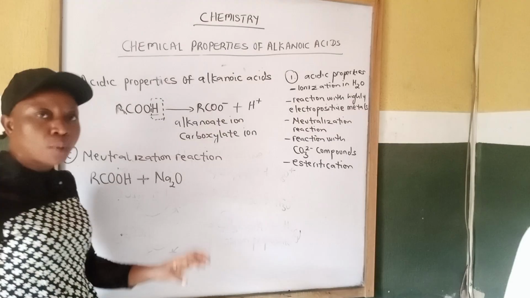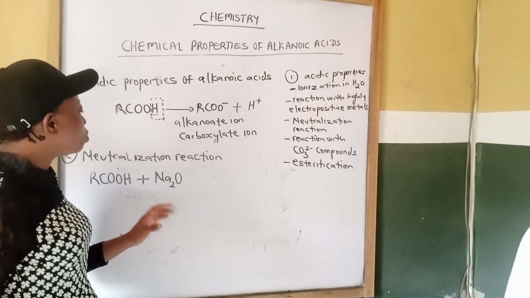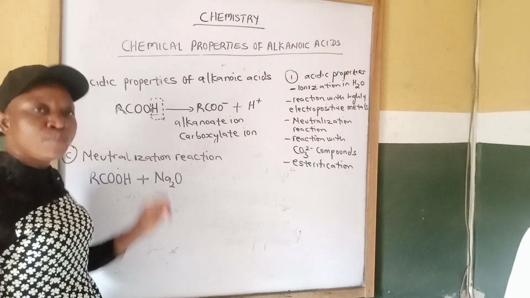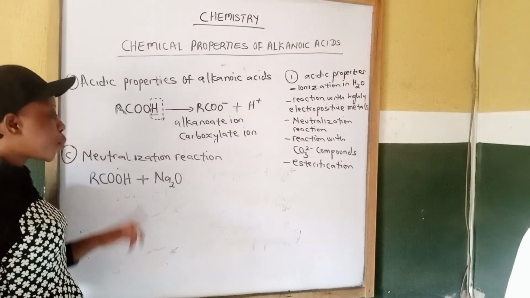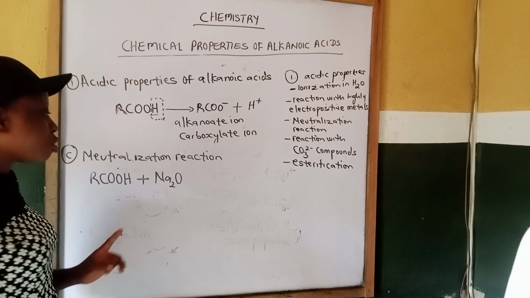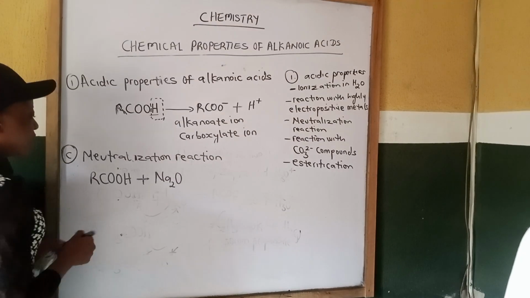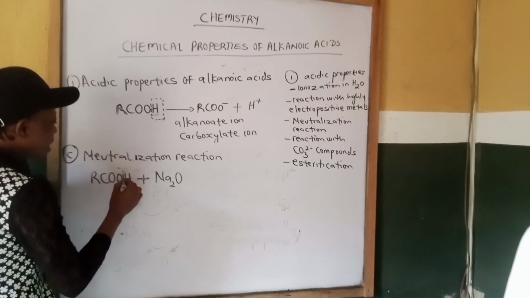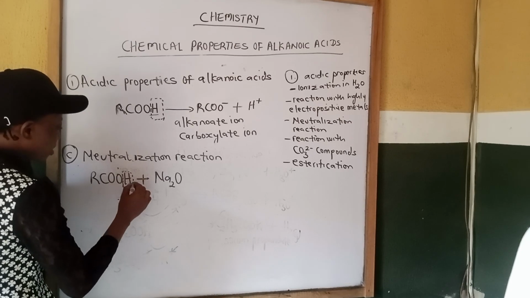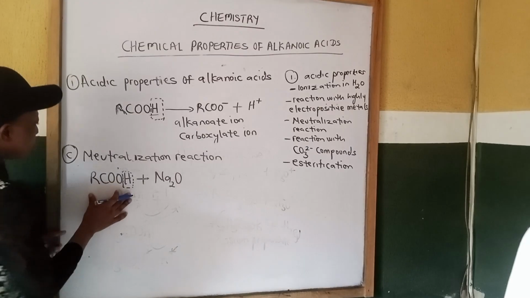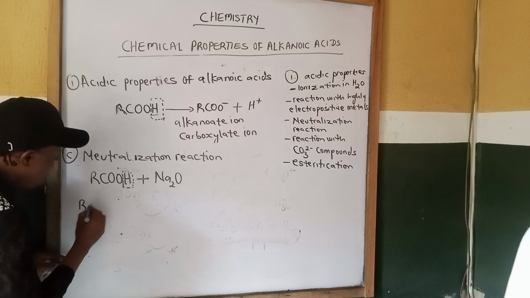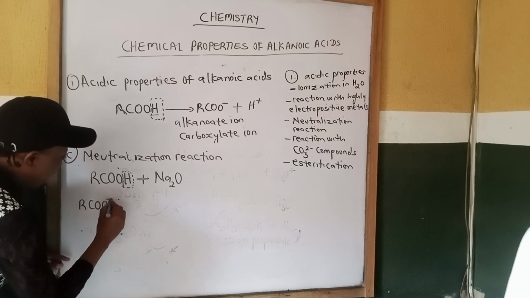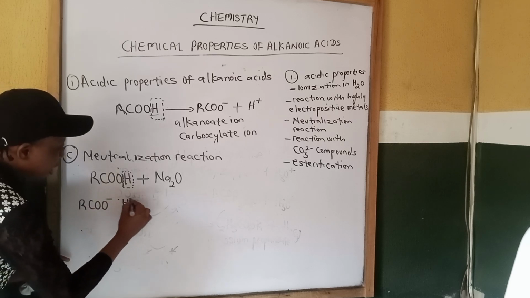So our product form must be an organic salt and water. Then the hydrogen atom will dissociate. So this compound will be broken down into RCOO minus and H plus.